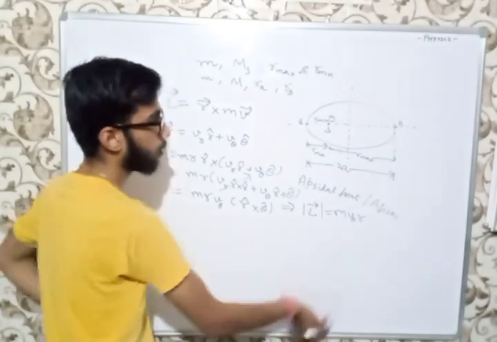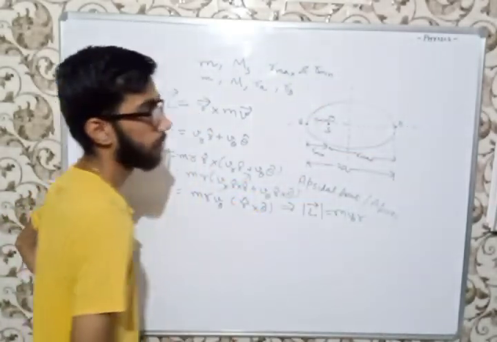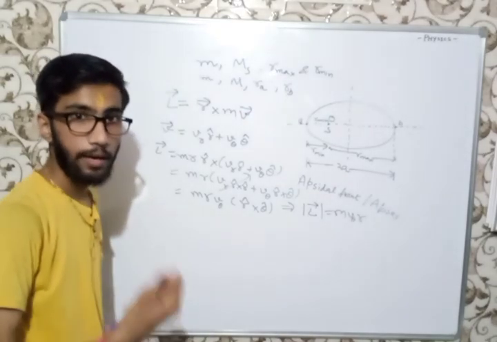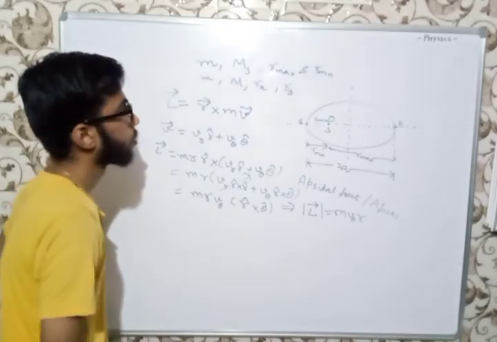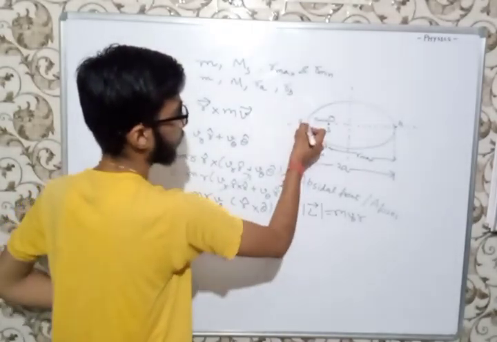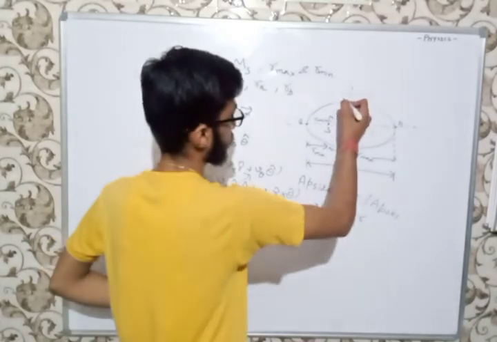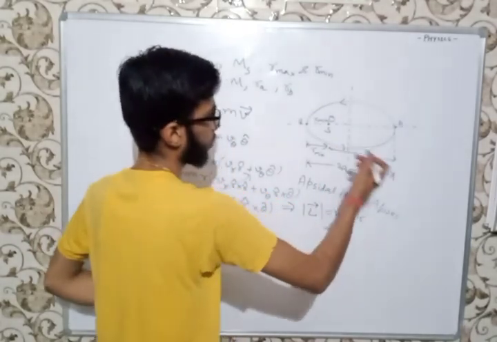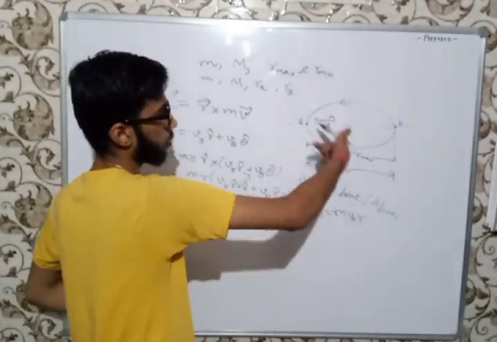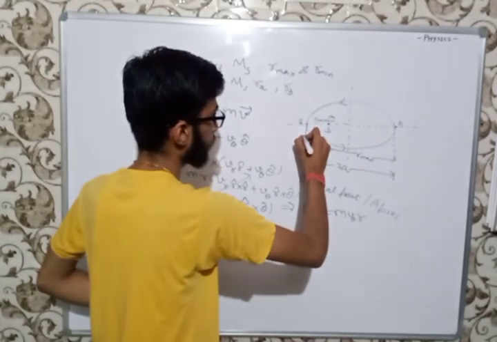The angular momentum will be the same throughout the orbit at any point, both in magnitude and direction. So I choose these points A and B, and suppose the motion is in this direction. I don't know the direction of motion, but I choose it like this.